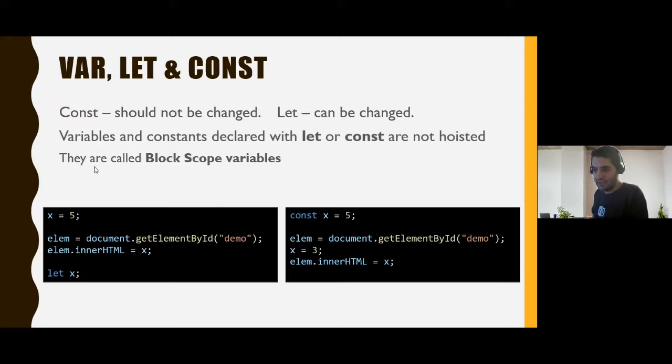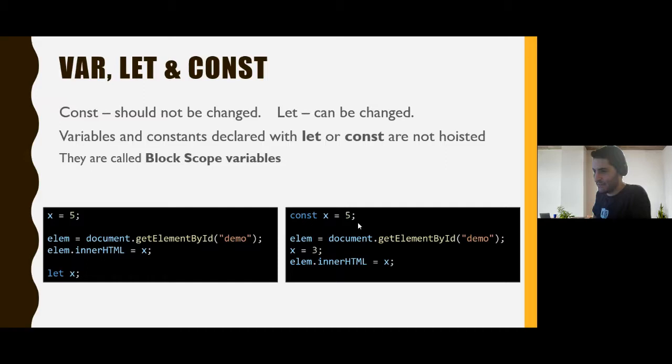And they are also called block scope variables. And in the next example, I'm going to show what it means. Now, if you look at the left example, I have here an assignment of a value to x before I declared it. And since it's a let, unlike var, it's going to say that I cannot access x before I initialize it.